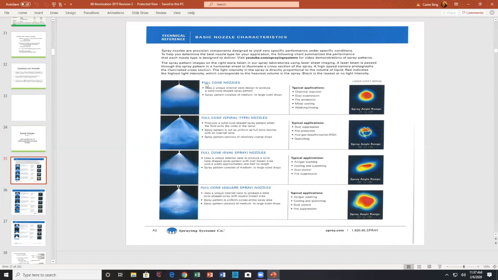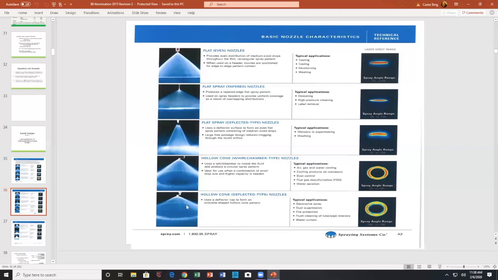But anyway, first thing you have is a full cone and different types of full cones. And this is the spray pattern that might appear. Excellent. And then opposed to that are hollow cones, or maybe flat cones, or this would be fan perhaps. You can see a hollow cone giving you that spray, and a fan, I call them flat nozzles.